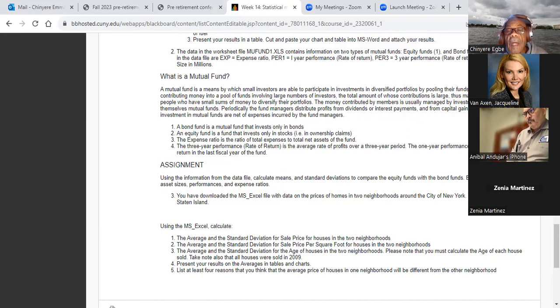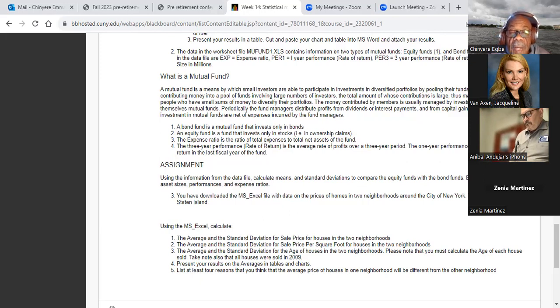That's it. And then the next question, looking at their standard deviations, I wouldn't want you to compare their standard deviations, but you can just mention them. Remember I had told you that we use standard deviations as a way to measure risk.